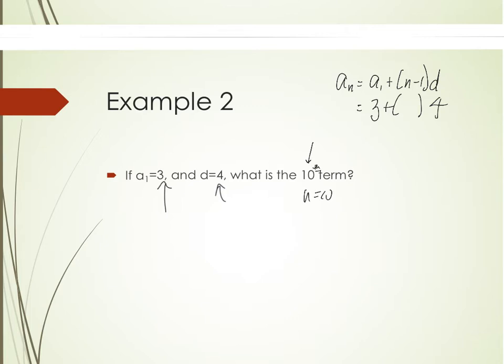So n is going to be 10. So a sub 10, and I'll have 10 minus 1 in here. That's 3 plus 9 times 4, or 3 plus 36, or 39. All right, let's keep going.